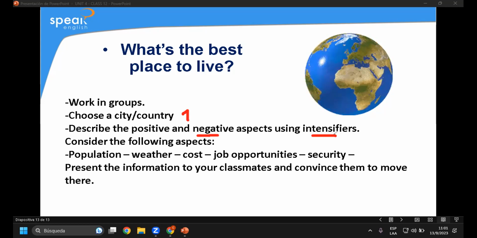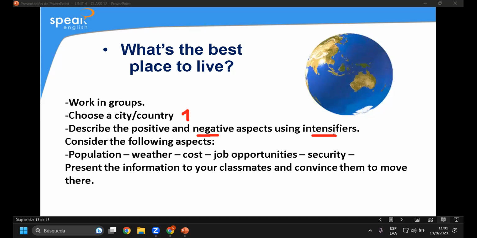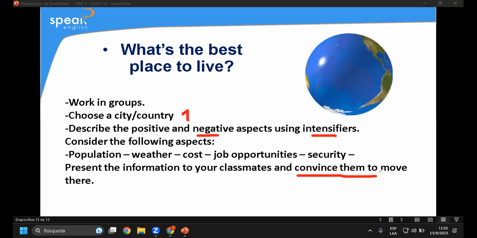Yes. Totally. Which aspects do you need to include? Weather, cost, job opportunities, GDP, and population. And what is the main purpose? Convincing your classmates to move there. Exactly. That's the one.